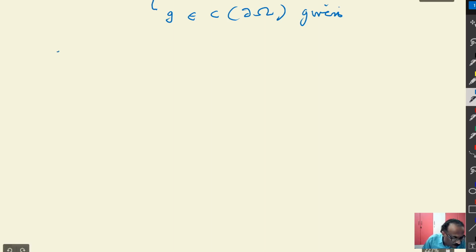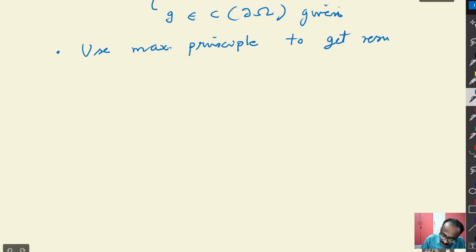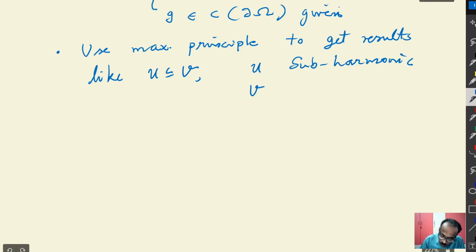The basic idea, some of the motivations about harmonic functions: we use the maximum principle to get results like u less than or equal to v for u sub-harmonic, v super-harmonic, and u less than or equal to v on the boundary of omega. That's the whole idea.